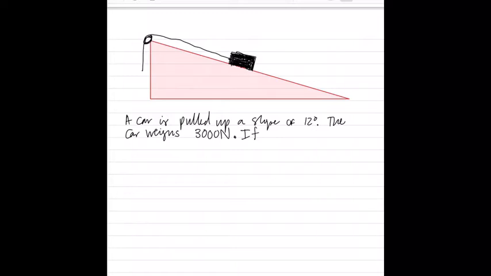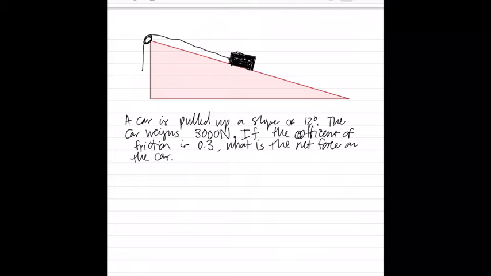If the coefficient of friction is 0.3, what is the net force on the car?